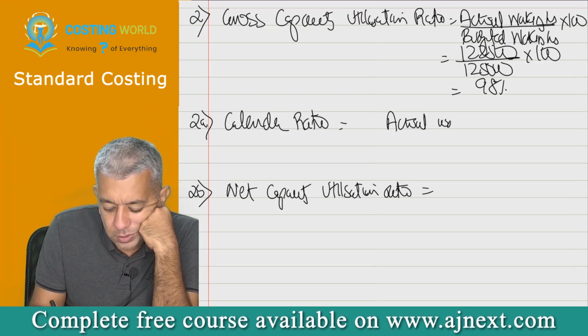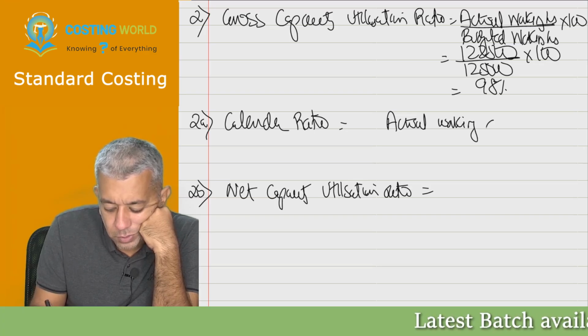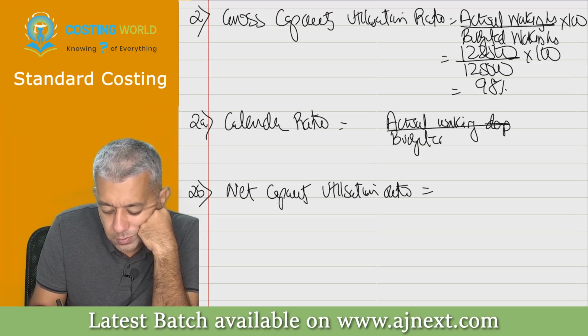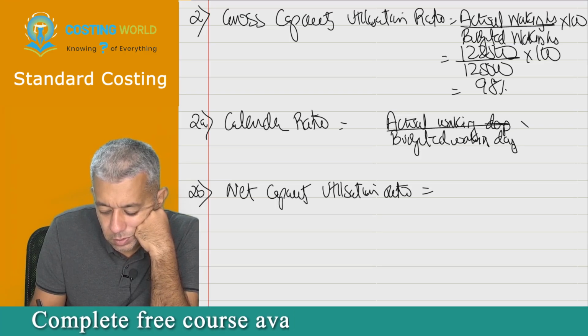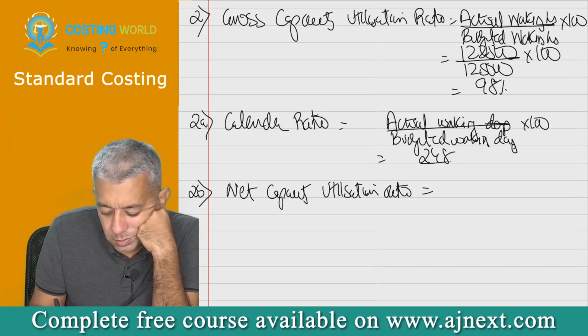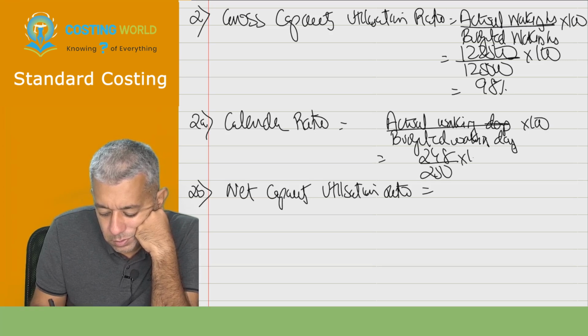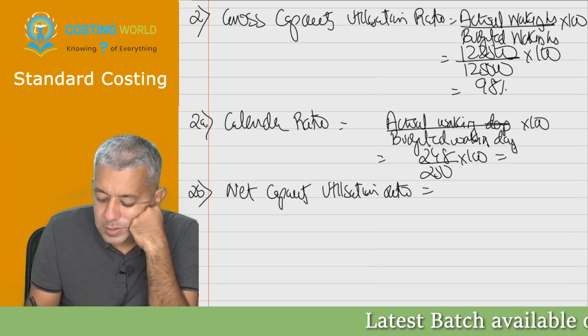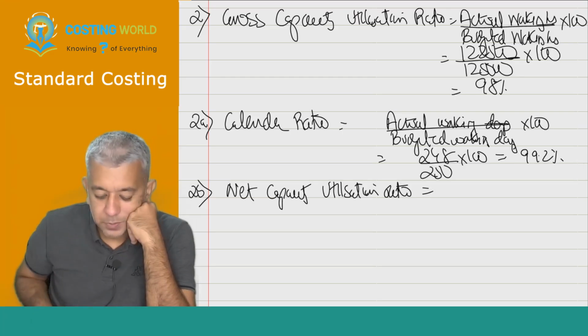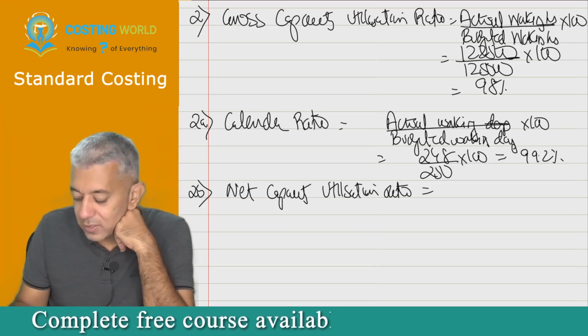Actual working days divided by budgeted working days. This came to 99.2%.